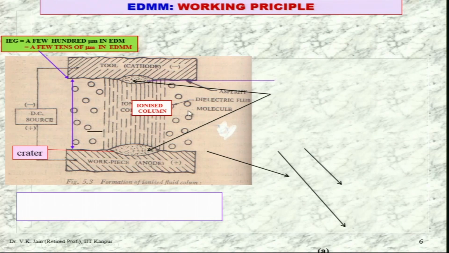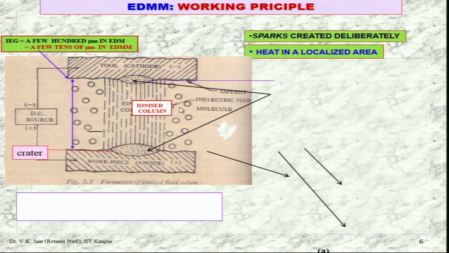Now here is the dielectric, it is the ionized column, as you can see, and once the sparking takes place, there is a crater formed on the cathode as well as on the anode, and this molten material is flushed out by the flowing dielectric. Now here you can carefully see that material is removed from the tool also, which we really do not want, but it is a characteristic of the process being a thermal process.